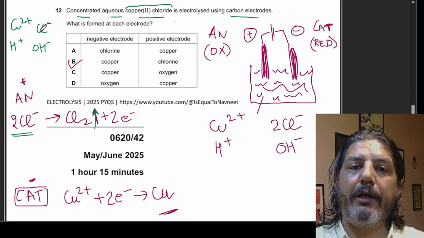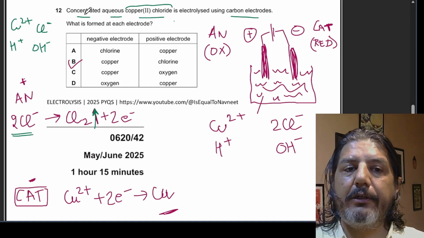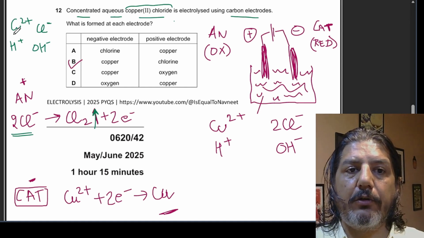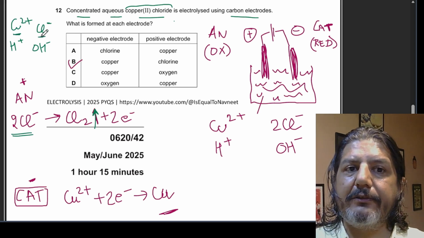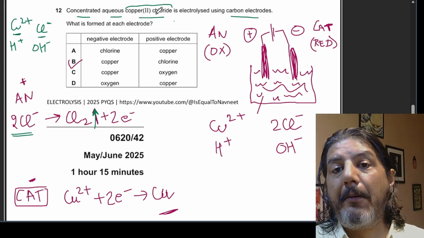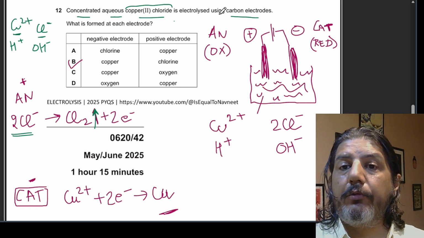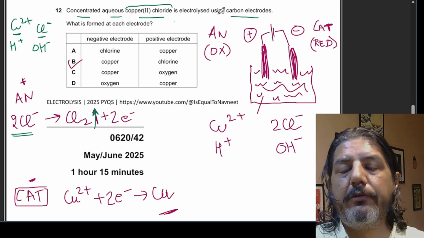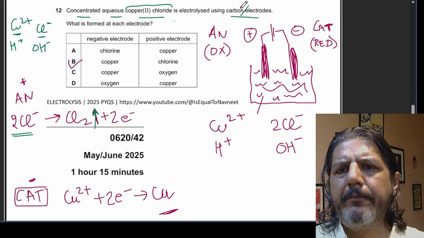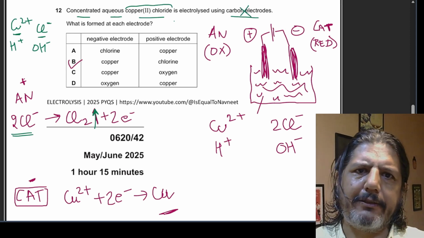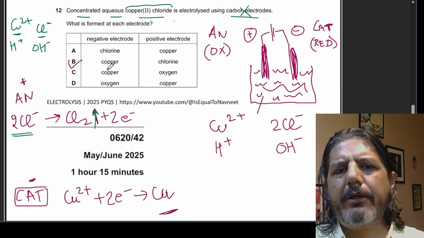So these are the four ions we'll be having. It's a concentrated solution, so the concentration of Cu2 positive and Cl negative would be more. We are using carbon electrodes, which are inert electrodes, so they won't be taking part. They'll be just passing electricity.